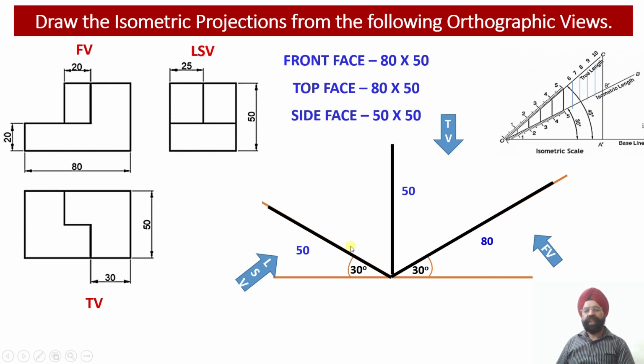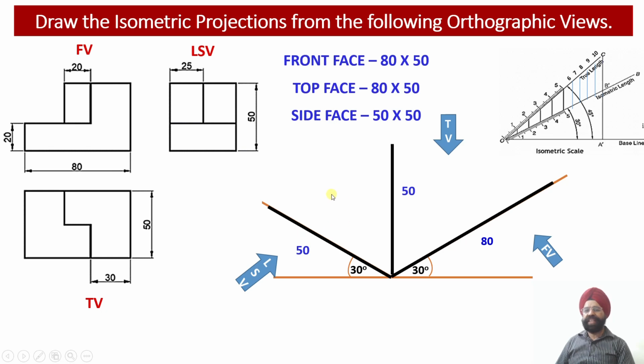The edge drawn along the x-axis will be 50 millimeter, representing the width of the solid, whereas the edge along the y-axis will represent the height of the solid. This completes two edges of the square, and correspondingly two more isometric lines will be drawn parallel to this edge, and another edge will be drawn parallel to the width edge.